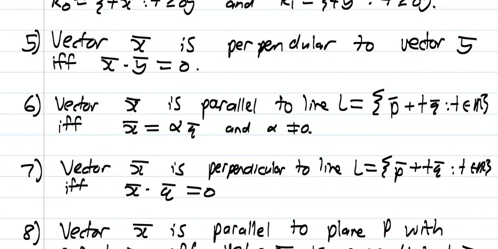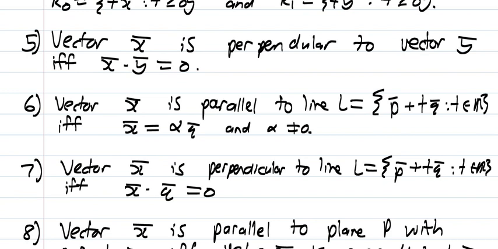So we say vector x is perpendicular to vector y if the dot product between x and y is 0. So it's quite easy to check if two vectors are perpendicular. The dot product is 0. Likewise, vector x is parallel to line L. So here we're saying a vector is parallel to a line, and let's say the line is of the form p plus tq, where t is any real number, if and only if vector x is a scalar multiple of vector q, the direction of the line, and alpha is non-zero.